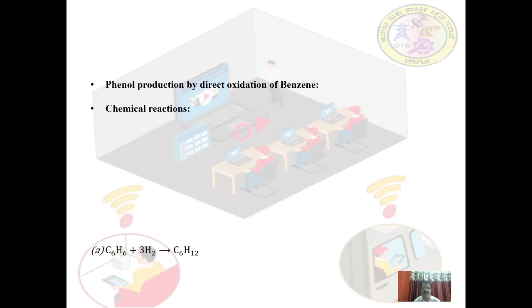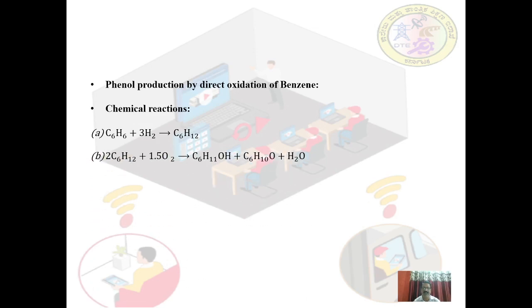Here, benzene is hydrogenated to cyclohexane. The cyclohexane is oxidized to cyclohexanol, and cyclohexanol is then dehydrogenated to produce phenol and hydrogen.